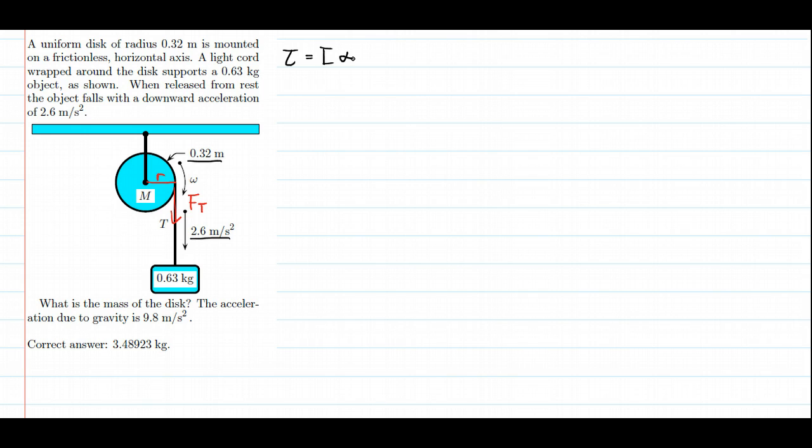Because our pulley is a giant, solid, uniform disk, we can substitute our moment of inertia of 1/2 mr squared times alpha, our angular acceleration. And just like before, our torque will become FL equals 1/2 mr squared alpha.